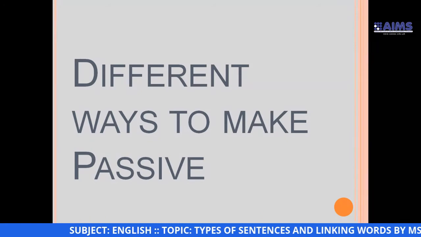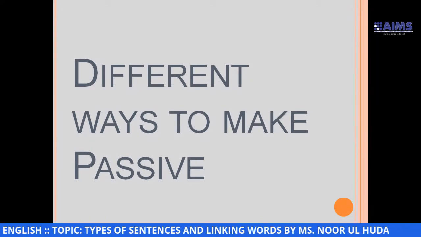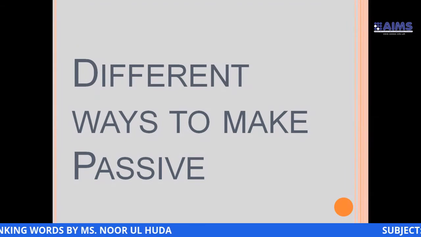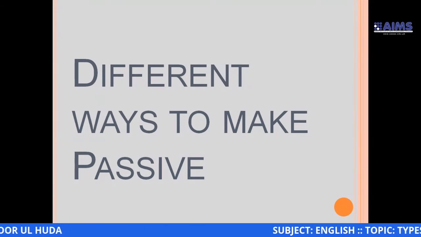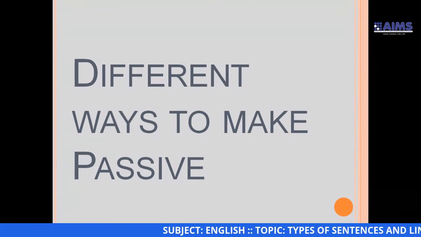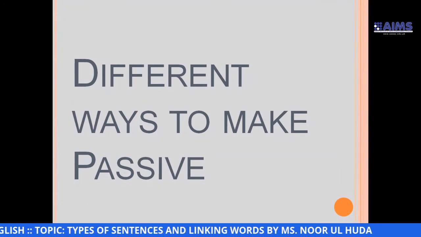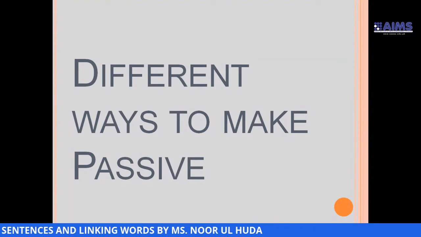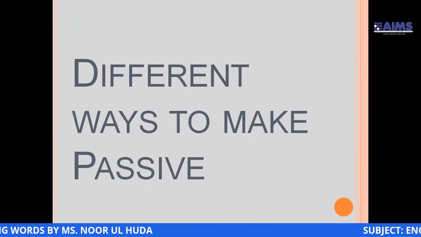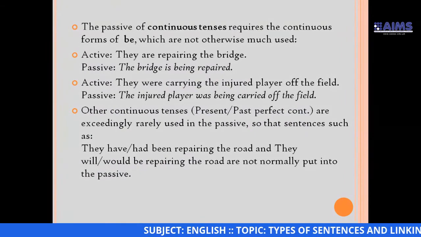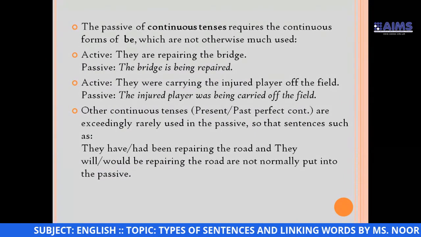This is what we know already, how to make the specific structure from active sentences. But here we are giving more attention to the different kinds of active sentences and how to make passive sentences from them. So here we have different structures used in the English language.